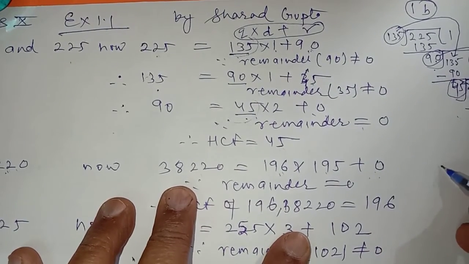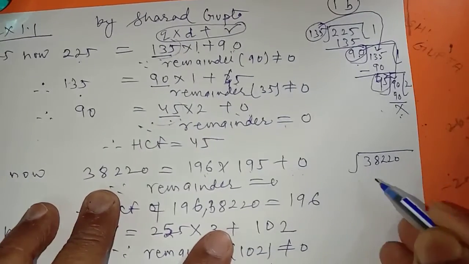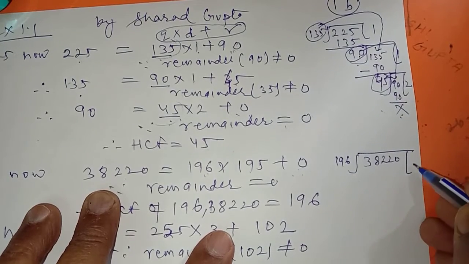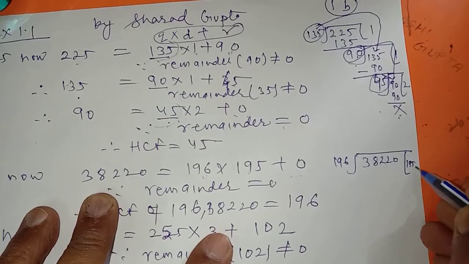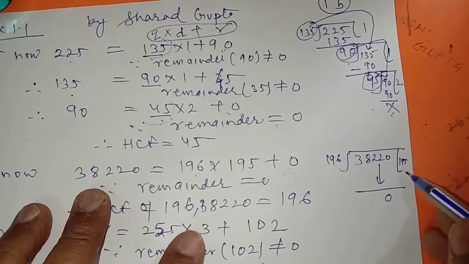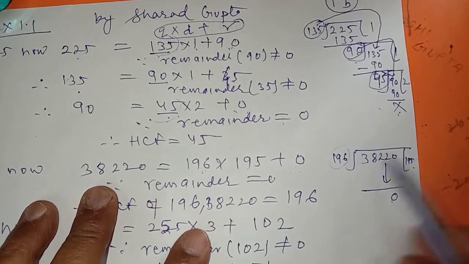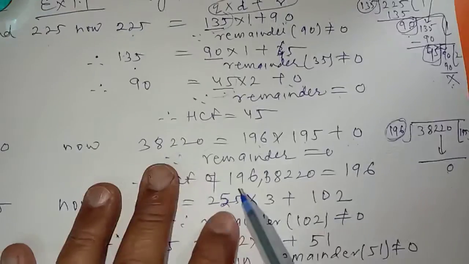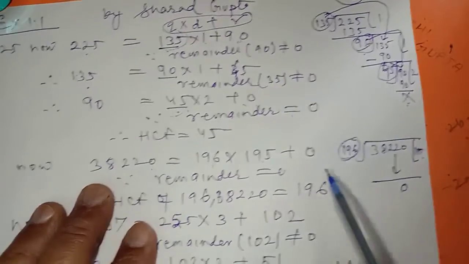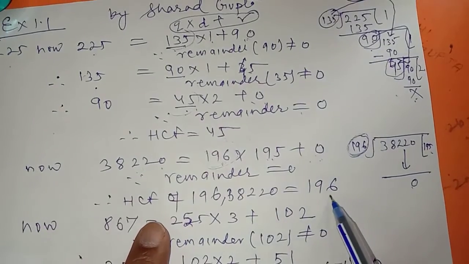You can divide it. 38220 divided by 196. डिवाइड करने पर रिमाइंडर 0 आ जाएगा. सो पहले स्टेप में रिमाइंडर 0, दैट मीन्स ये इसका HCF हो गया. सो 38220 विल बी इक्वल टू डिवाइजर इंटू क्वोशंट, प्लस रिमाइंडर 0, तो डिवाइजर जो होता है इसका HCF होता है.